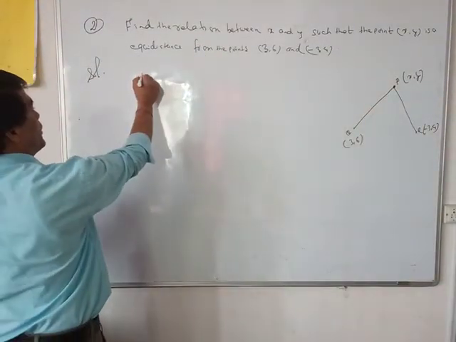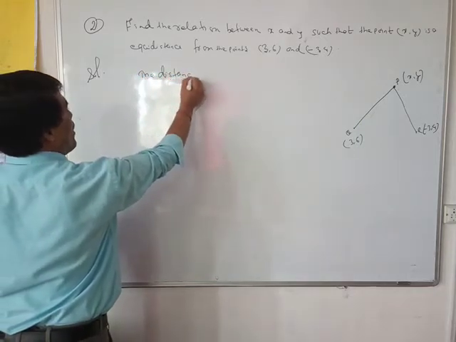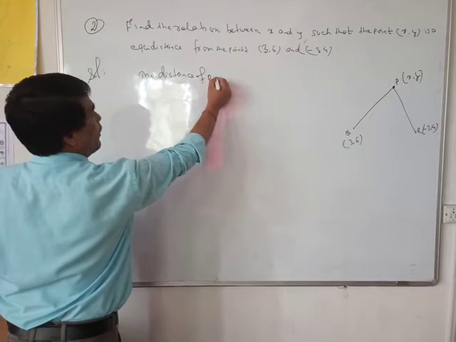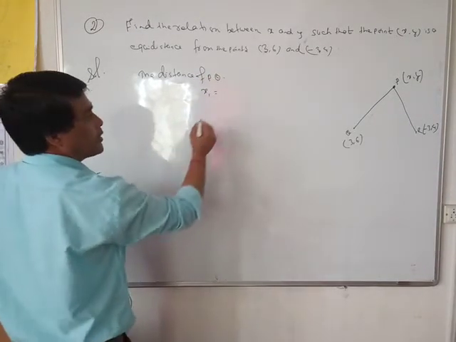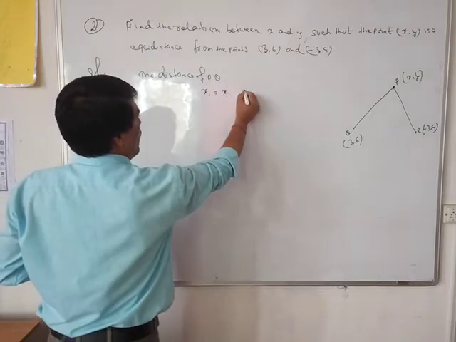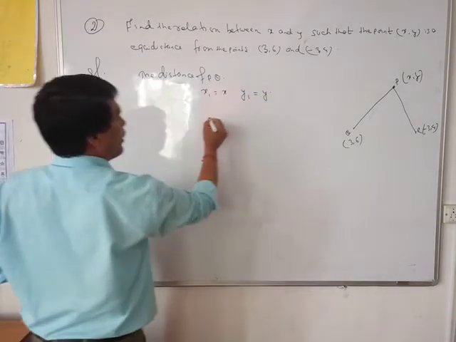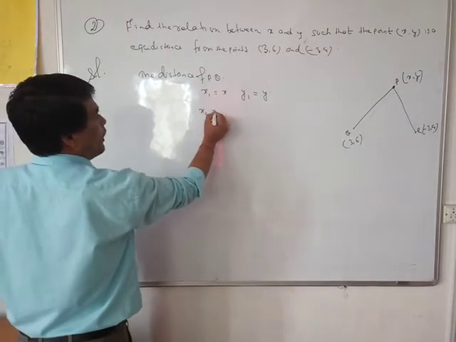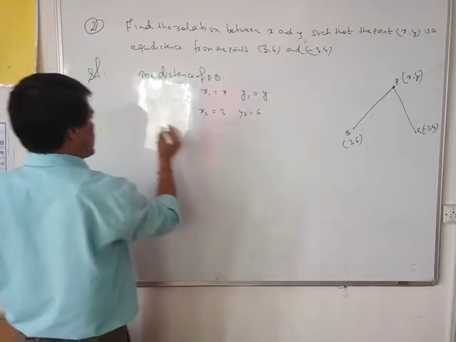Okay, the distance of PQ. That means the coordinate of P is x, y, and the value of x2 is 3 and y2 is 6.